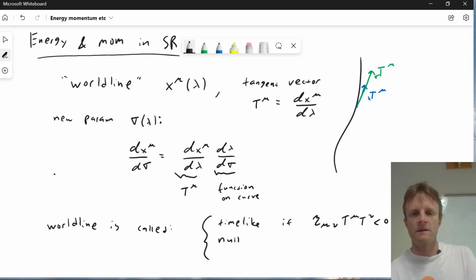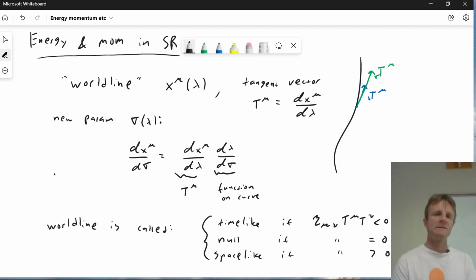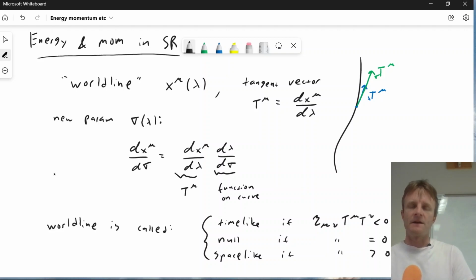Null if this thing is 0, and space-like if this thing is positive. Okay? So is this independent of the parameter?